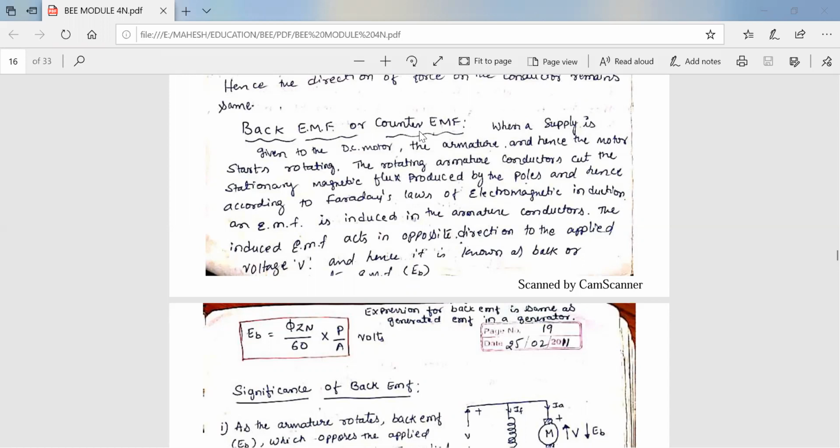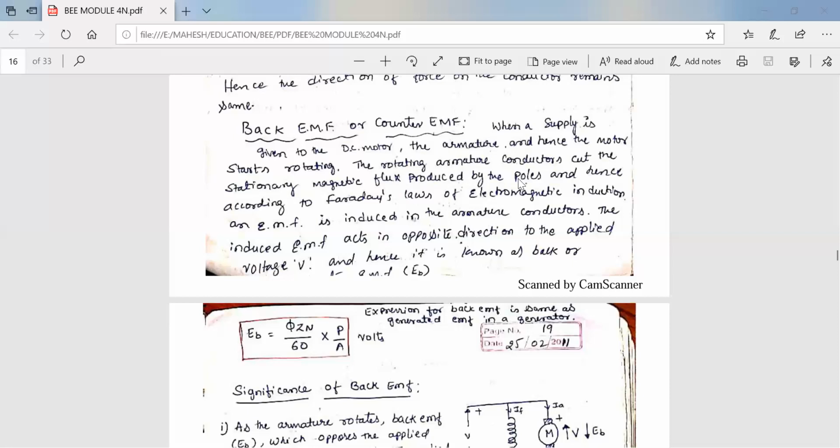We'll see about it. When a supply is given to the DC motor, the armature starts rotating. The rotating armature conductors cut the stationary magnetic flux produced by the poles.